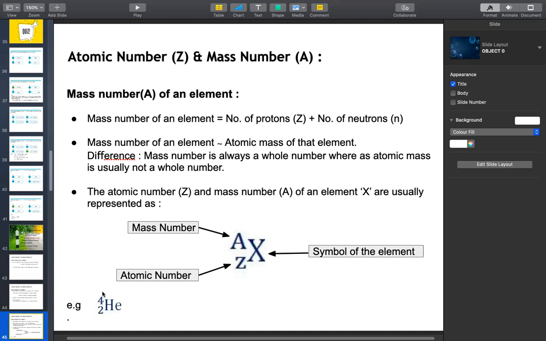Truly, the mass of an atom includes the mass of electrons. Yes, truly it does, but we ignore the mass of electron. It is like I am comparing your weight with one elephant's weight. Its weight is 2000 something, and your weight is just 55 kg. So if I book a truck, will I say I need a 2055 kg capacity truck, or will I just say around 2000 capacity?